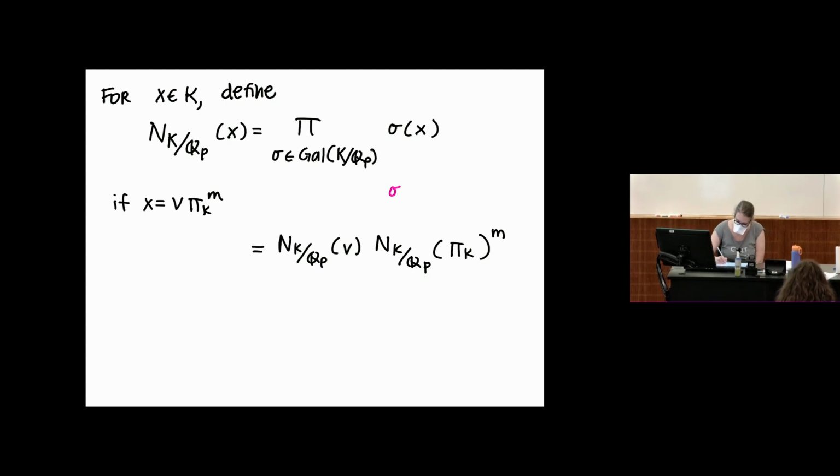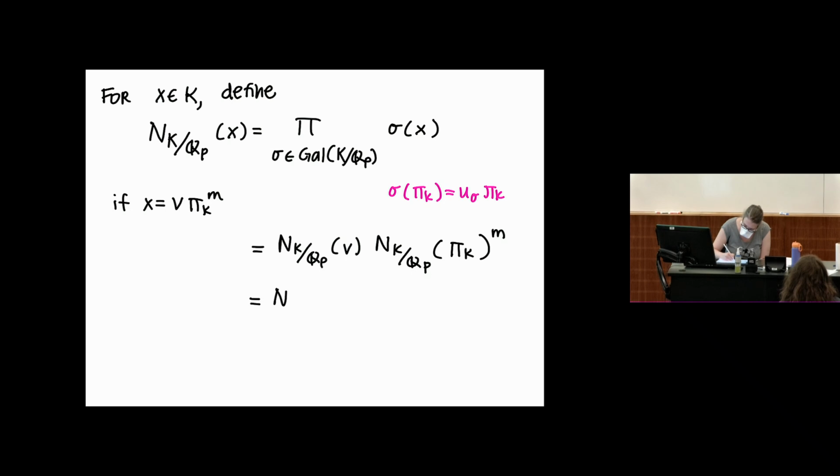Each of these sigma pi_K is some unit times pi_K. So for each element of Gal(K over Qp), I'm going to get a unit, so a product of units, and then pi_K to the m to the degree of the extension.